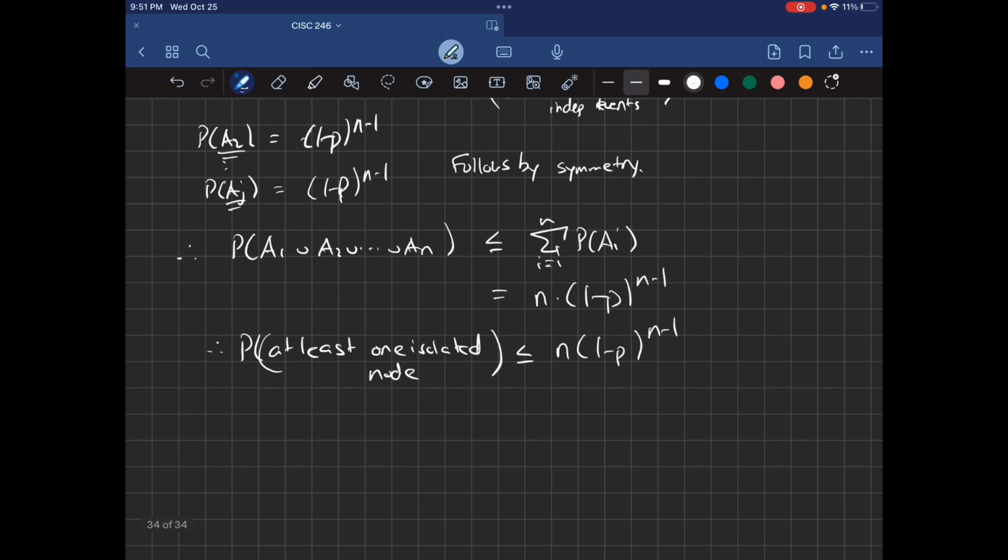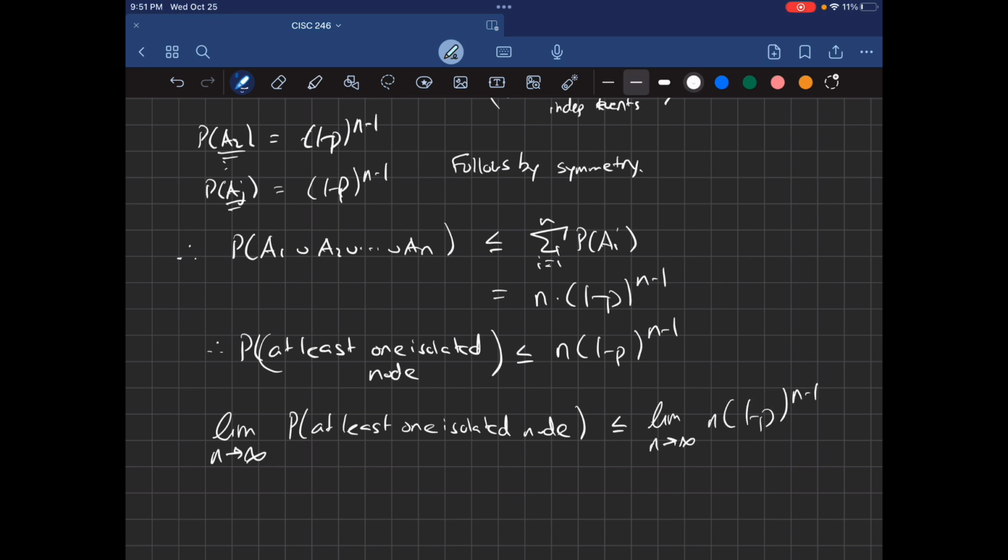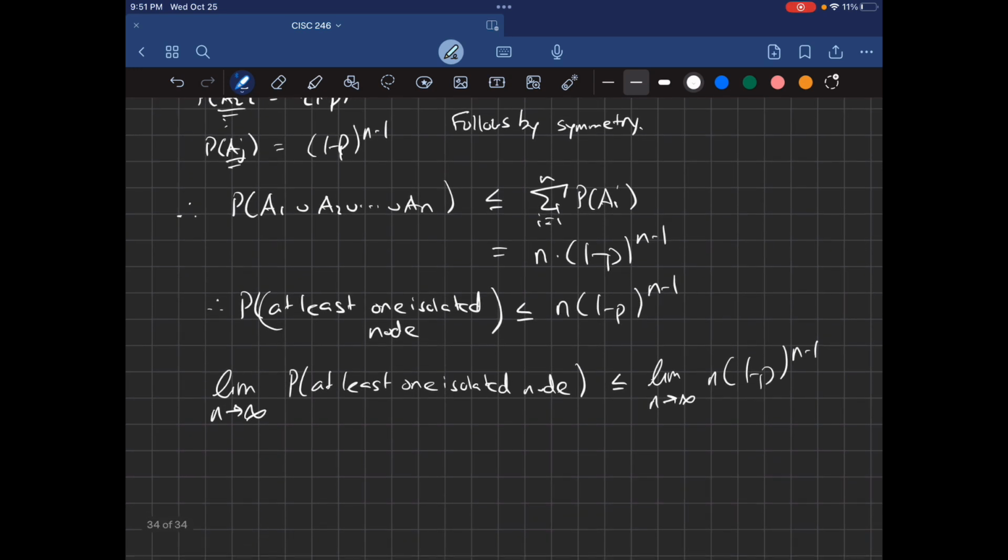And what's interesting, I think, is if I take this limit, that's less than or equal to the limit as n goes to infinity of n times 1 minus p to the n minus 1. So I am glossing over some technical details of limits and probabilities. Let's not get hung up on that. Let's just take our intuition here and know that it does follow. Okay.